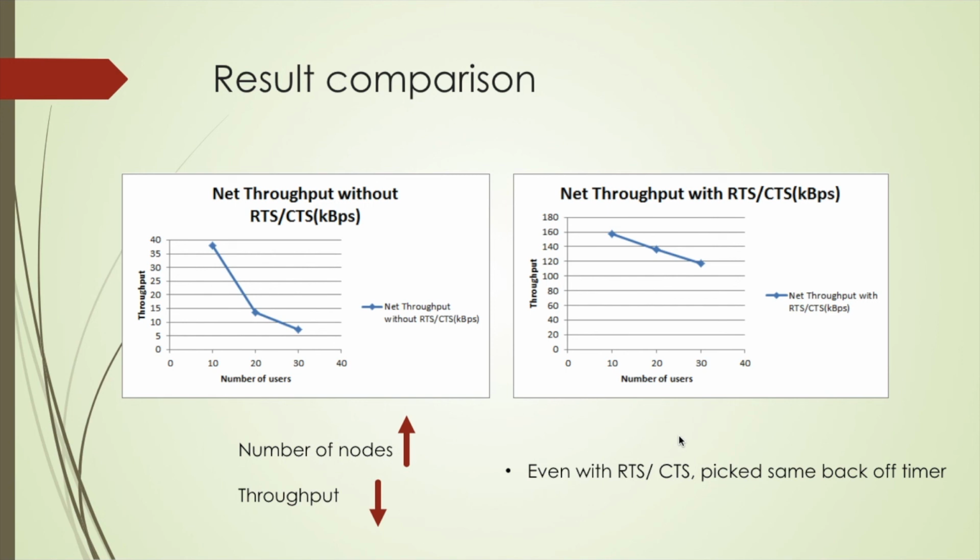However, the reason why RTS-CTS is such a prominent solution is because the recovery time when the two RTS packets collide is way less than when two data packets collide. So that is why RTS-CTS is still a very good solution to avoid collision and improve network performance to a great extent.